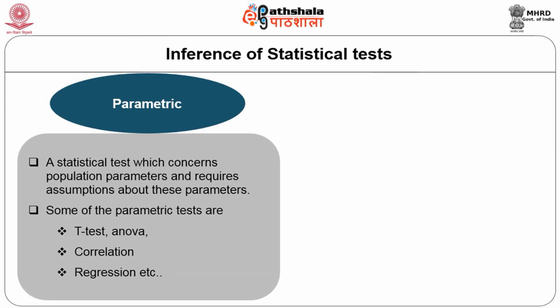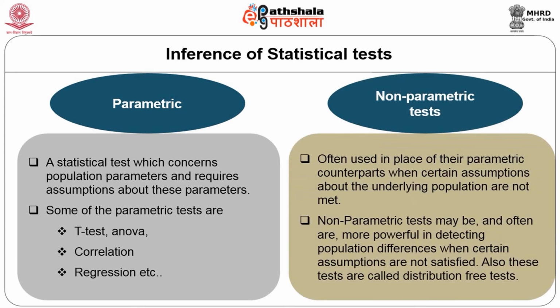Some of the parametric tests are the t-test, ANOVA, correlation, and regression, etc. Whereas non-parametric tests are often used in place of their parametric counterparts when certain assumptions about the underlying population are not met. Each parametric test has its assumptions, and those assumptions have to be followed to use the parametric test. What the assumptions are for each parametric test will come in subsequent slides.